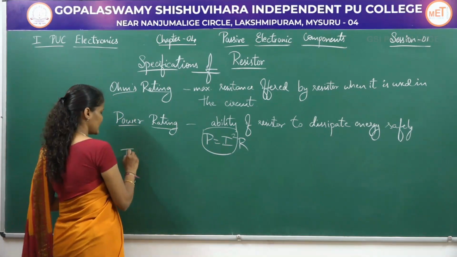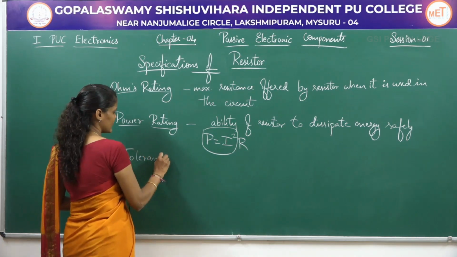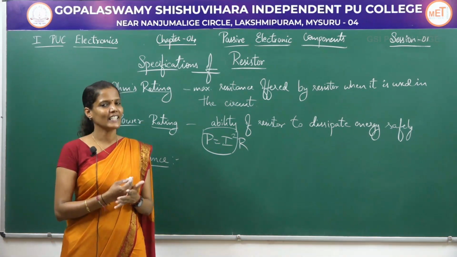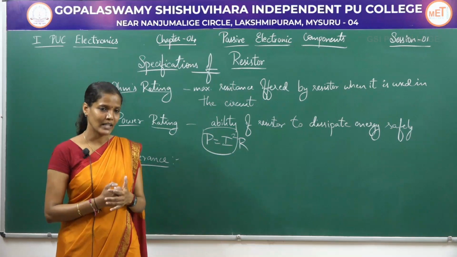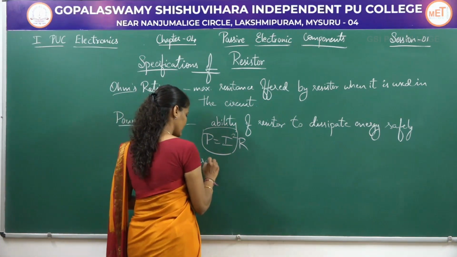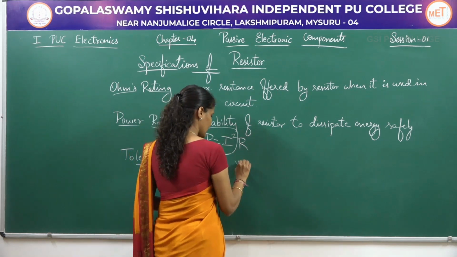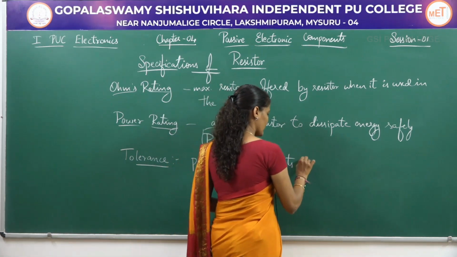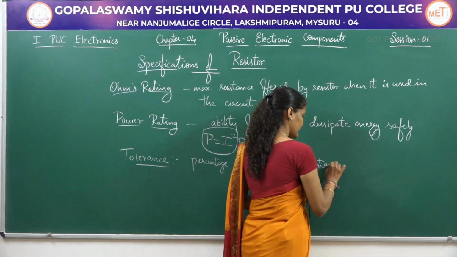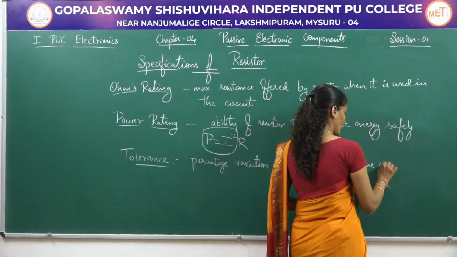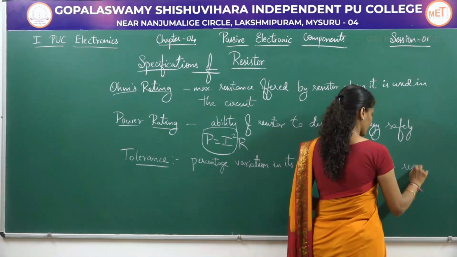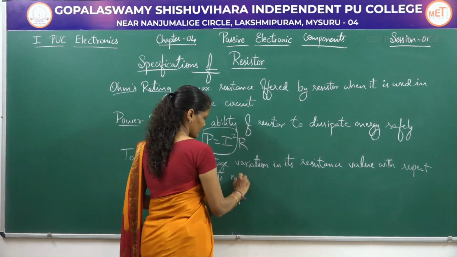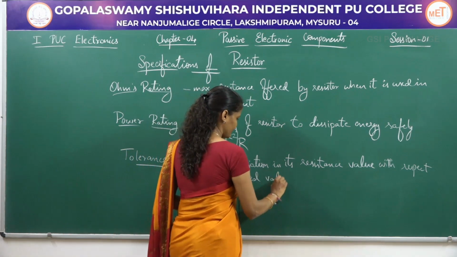Coming to the third specification, that is the tolerance. This tolerance is nothing but the percentage variation in the resistance value with respect to its marked value.